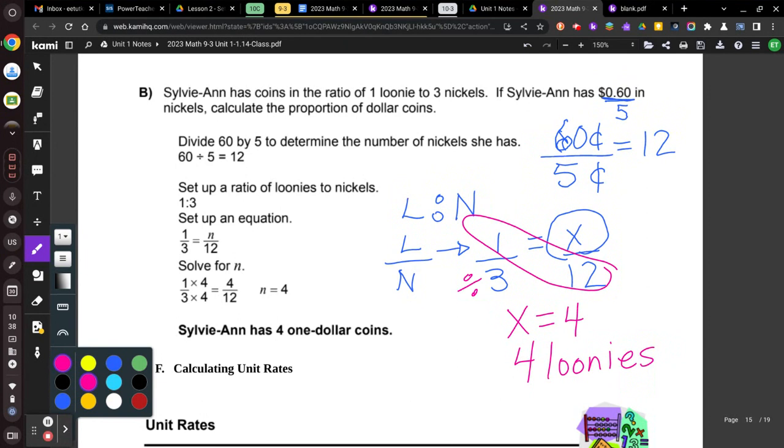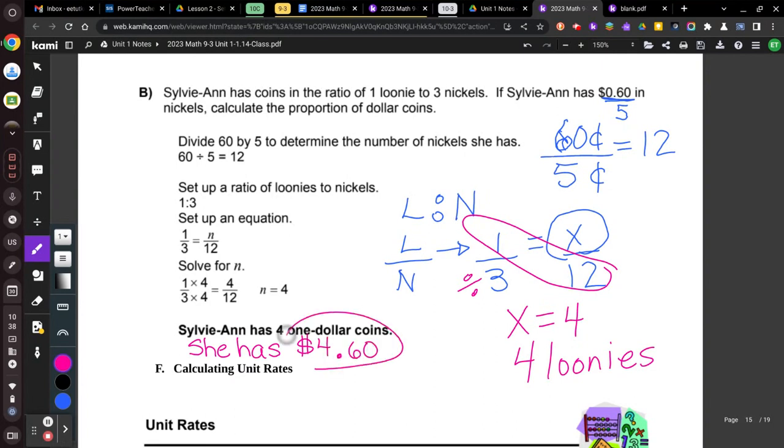How much would I have? $4.60. Absolutely. So she has, we're going to write it as money, $4.60. That's what she has in her pocket. That's what we found out. Okay? This concludes section D and E of lesson 14.